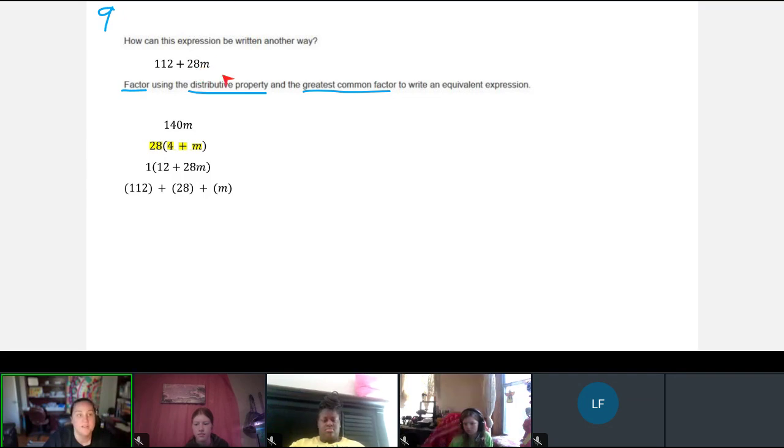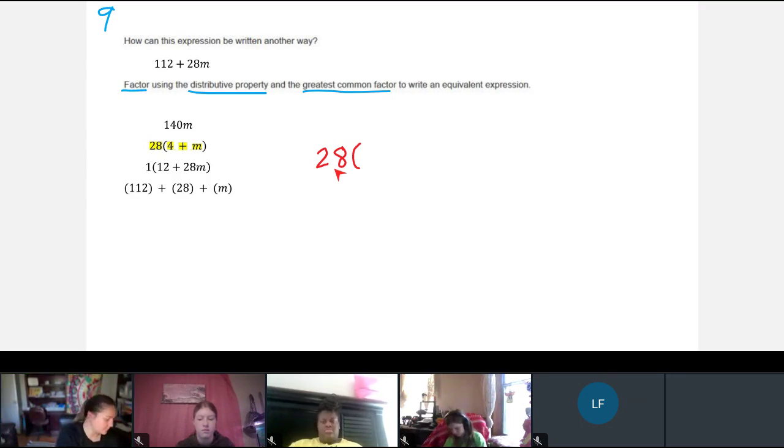The greatest common factor is 28 because you can divide 112 evenly by 28. So we're going to factor out 28. That means that's going to go on the outside of our parentheses. If I factor out, aka divide, 112 by 28, what do I get? Four. Good, Cadence.